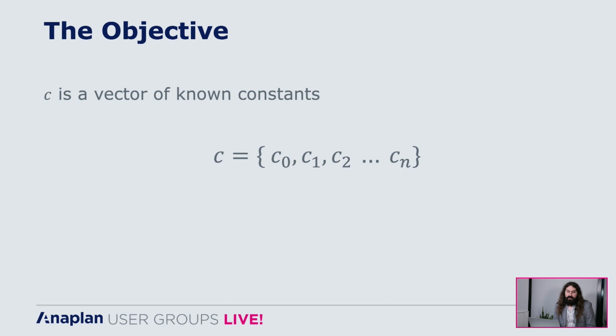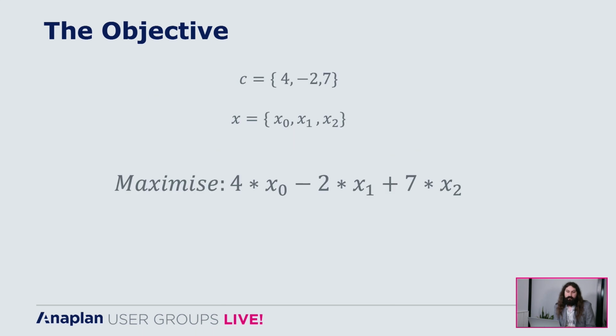Let's imagine for a second that we have these 2 vectors, and one of them, C, is 4, -2, and 7. So imagine it's a line item. It's dimensional on a list with 3 items in it. And X is similarly a vector, but it's of unknowns. So we can call them x0, x1, and x2.